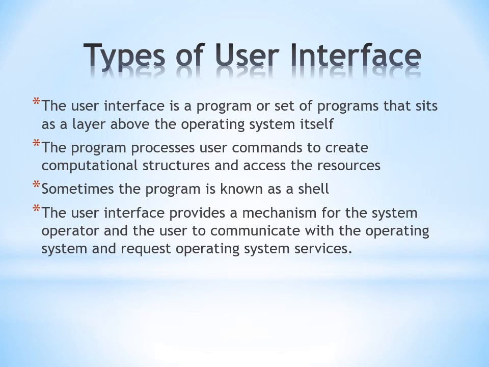Sometimes this user interface is also known as a shell, or a terminal. The user interface provides the mechanism that allows the user to communicate with the operating system and request operating system services.